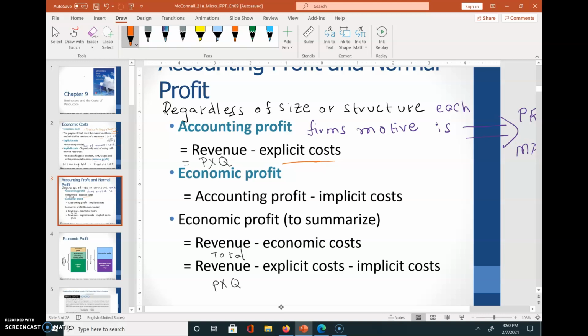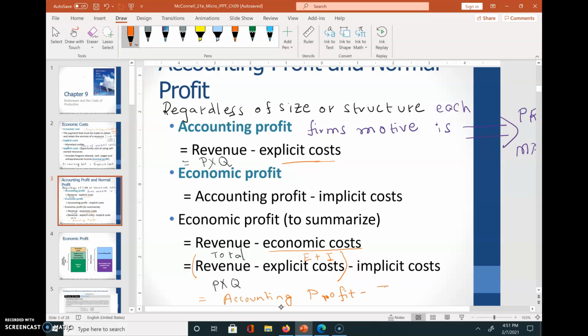Now, economic profit is total revenue minus economic costs. So these economic costs include both explicit plus implicit cost of production. The way they're writing this is because revenue minus explicit cost is accounting profit.